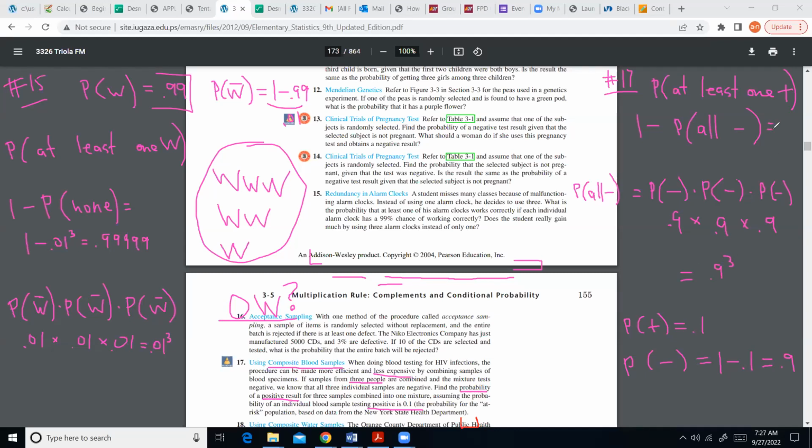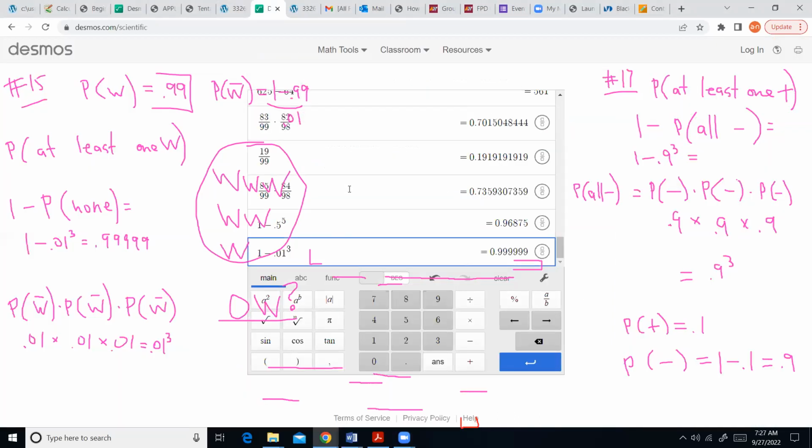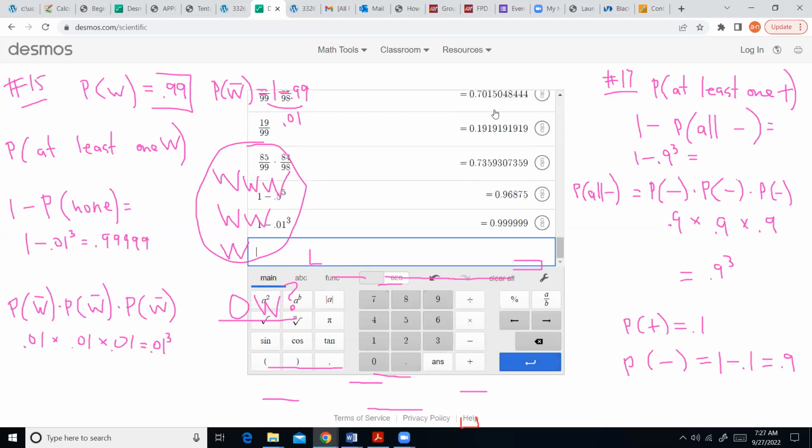Great. So let us get the answer. It's 1 minus 0.9 cubed. So we just get this 1 minus some kind of power that we utilize throughout pretty much every exercise in this section so far. Let me clean this a little bit.